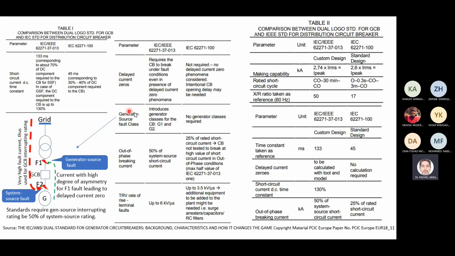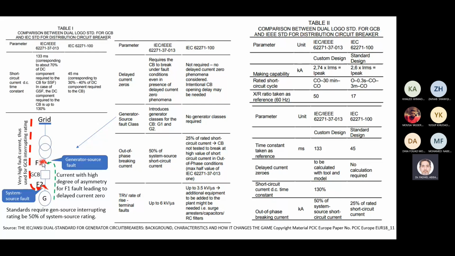There is one thing in generator circuit breakers: they should have two ratings. When the fault is at the grid side, this circuit breaker should handle the current supplied by the generator. We call it a generator source fault.